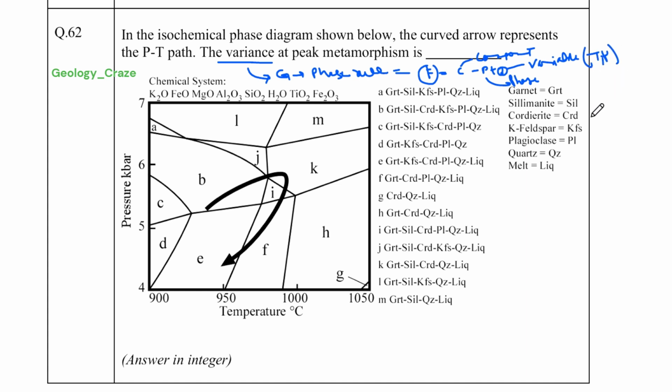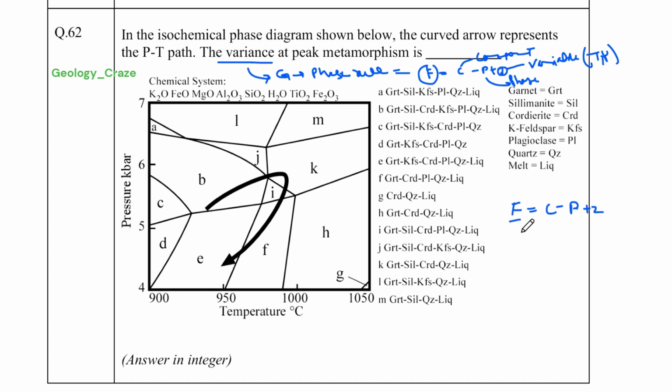If both are varying, we'll use both. If one is constant, we'll use one instead of two. In this question both temperature and pressure are given, so we will use two. So our formula is F equals C minus P plus 2.